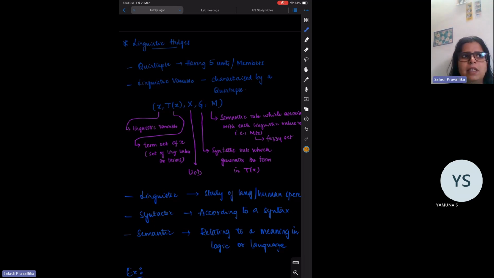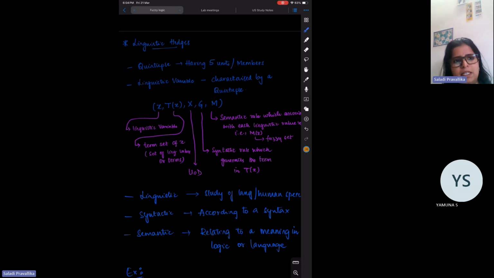For example, for age, I can say newborn, toddler, teenager, mid-age and old age, like that. Multiple things, right? These are all terms. If I put all of them into a set, it is called a term set. So we have x, we have T of x. So far clear, right?